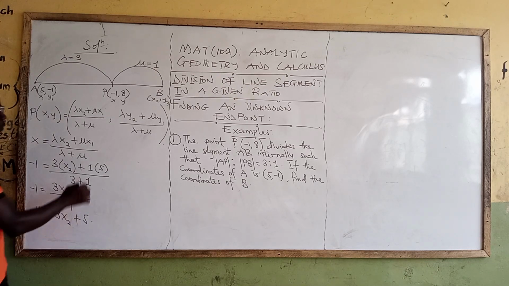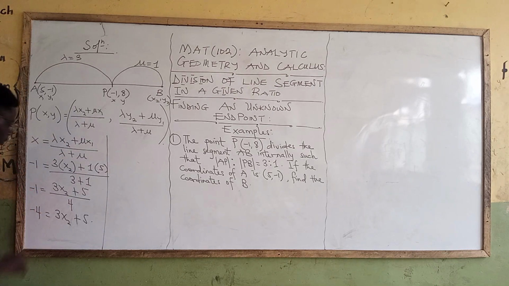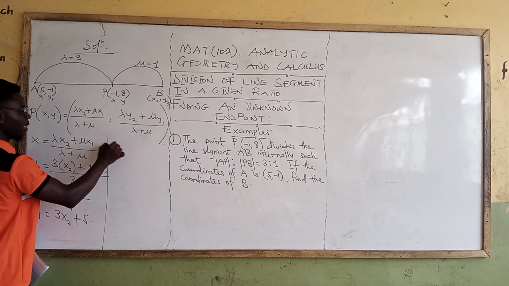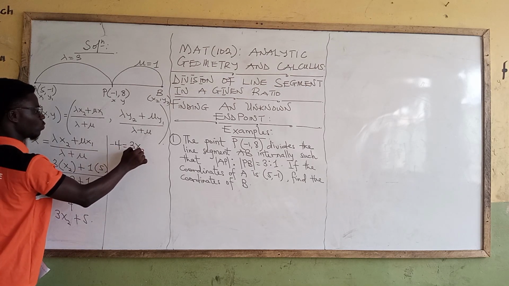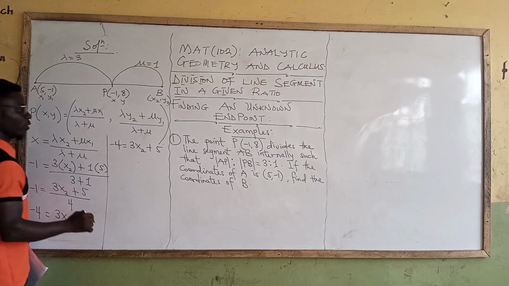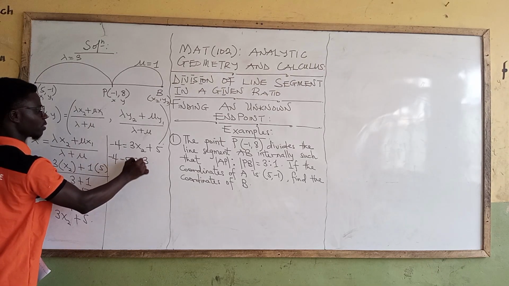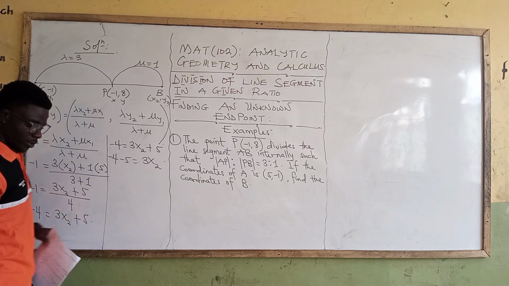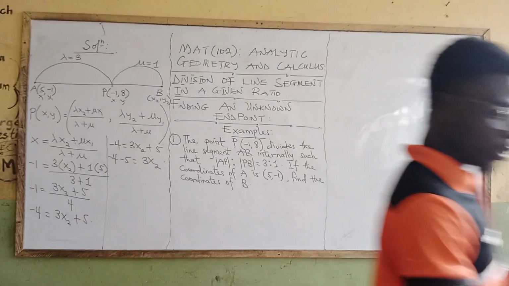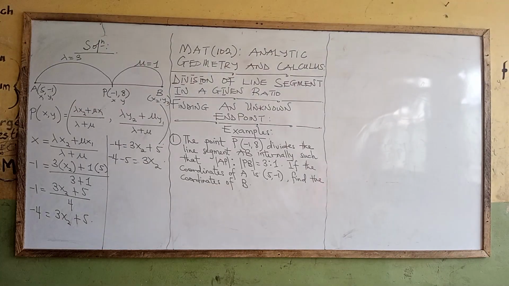So I can continue from here. I get negative 4 equals 3x2 plus 5. We move 5 across: negative 4 minus 5 equals 3x2.